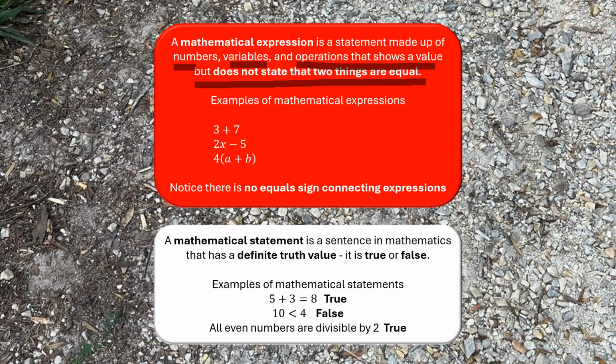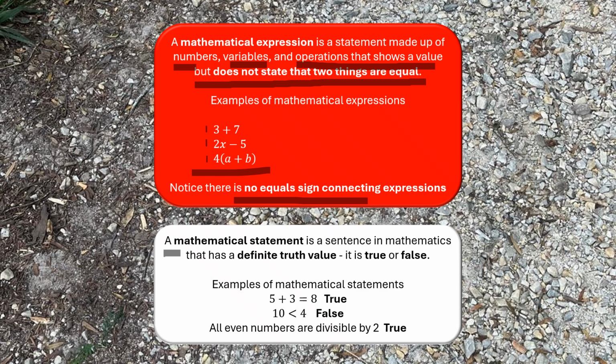Here are examples of a mathematical expression: 3 plus 7, 2x minus 5, 4 multiplied by (a plus b) in brackets. Those are examples of mathematical expressions. They're not equations because there's no equal sign connecting the expressions. So this is just a little bit of theory before we get on to calculations.